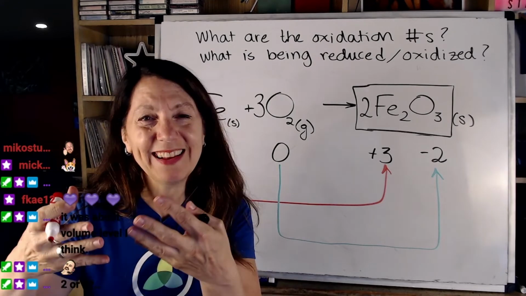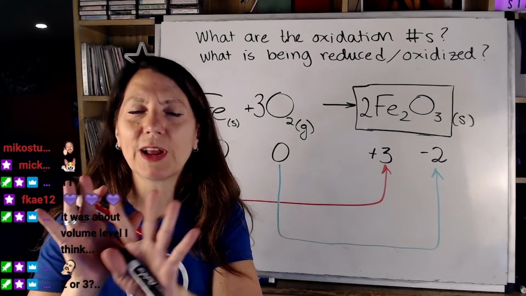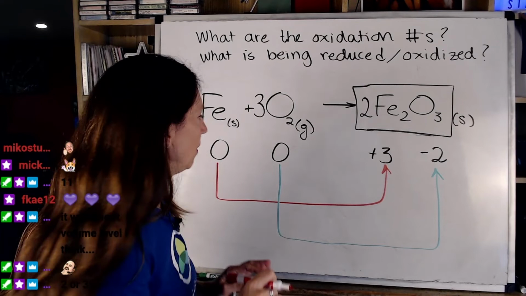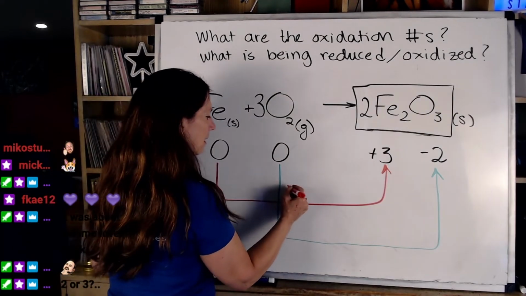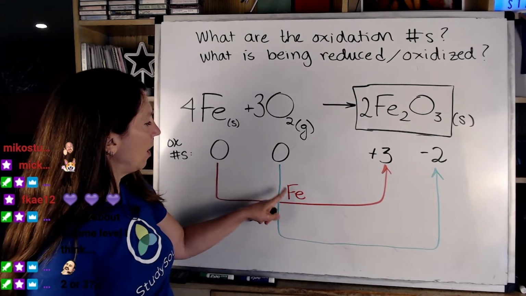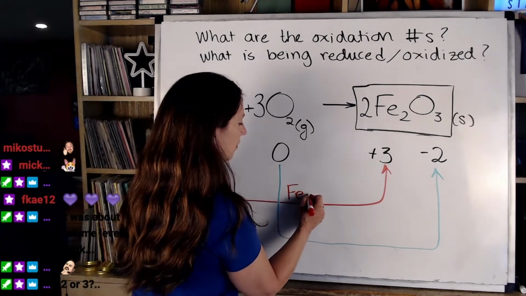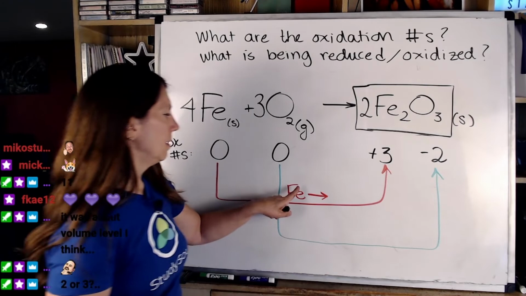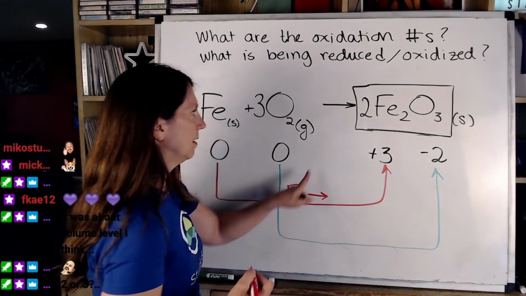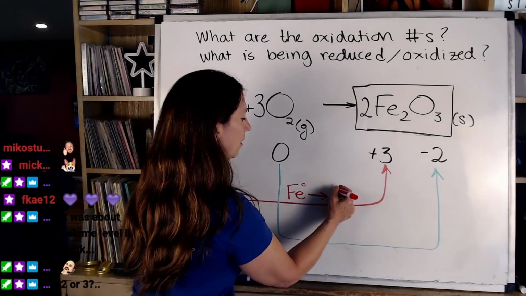Like, let's just look at the iron. Let's just forget about the oxygen for now. Let's just look at the iron and see what is happening if we just looked at one of them and we saw, okay, this iron is going from oxidation number 0, so I'll put a little 0 up there, to iron +3.